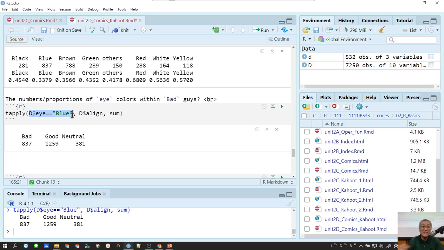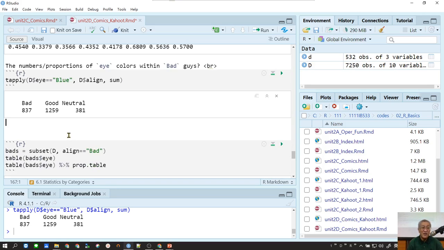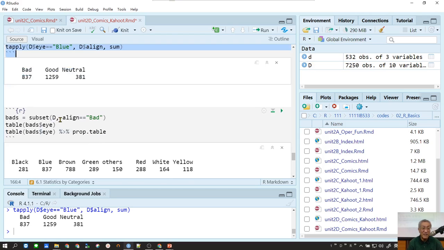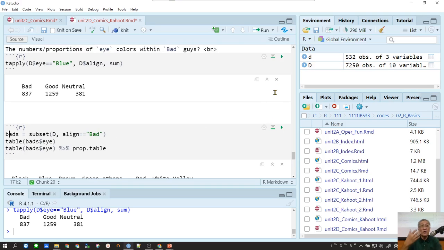So in this case, to answer a question like this, we might want to subset. We use subset to choose all of the bad guys into a new data frame called bad. If the question is too complicated and you cannot answer it by one line of code, you can always divide and conquer, and do it in two steps.